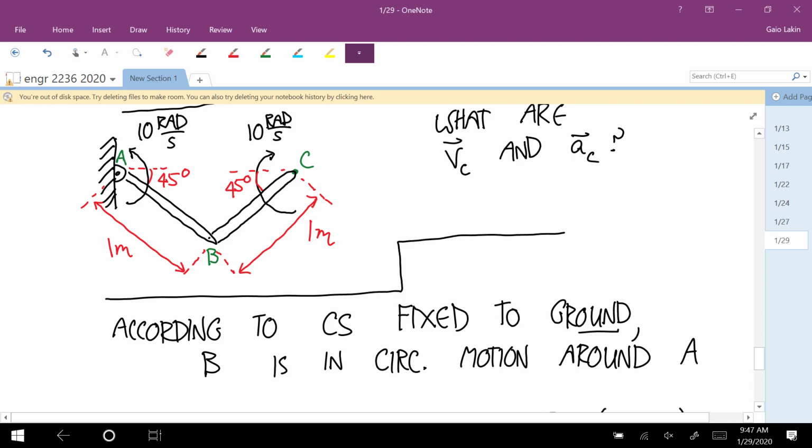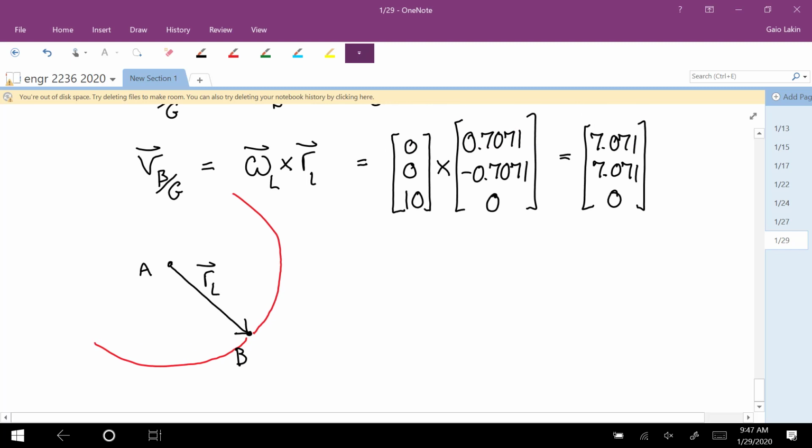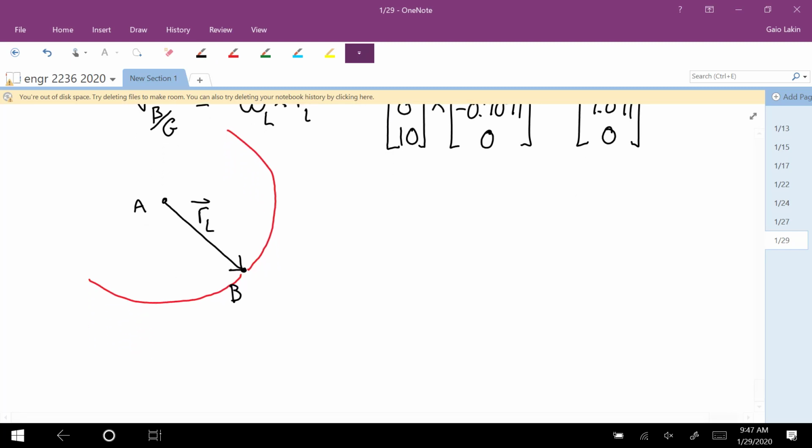Now we're going to forget about the fact that B is moving for a second, and we're going to think about calculating the velocity of C around that point B. So the velocity of C relative to B is equal to the angular velocity vector of the right body crossed with another R vector for the right body.